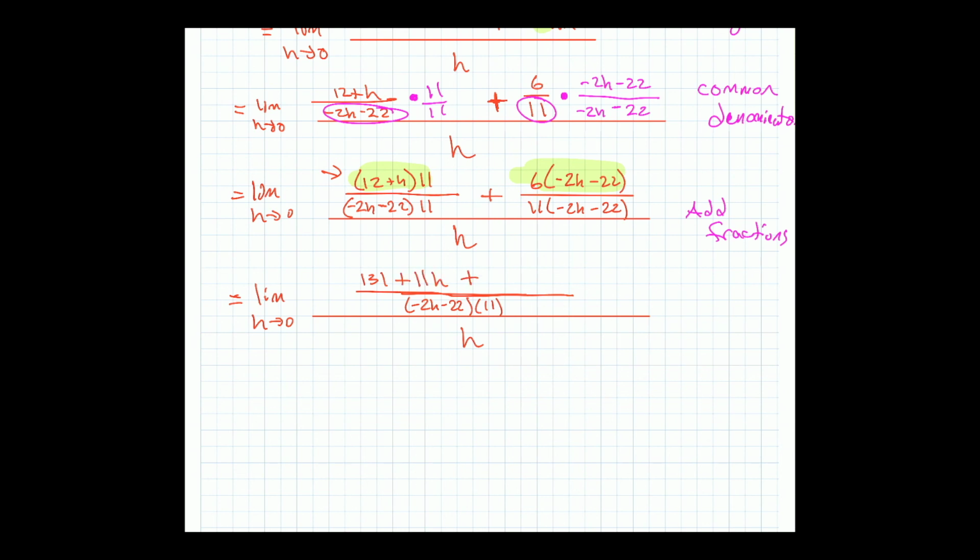And then plus, we have the 6 and the negative 2h is going to give me negative 12h. And then the 6 and the 22, oh, what's 6 times 22? 6 times 2, 20. 6 times 20 is 120. And then plus 12, so 132. Looks like negative 132.